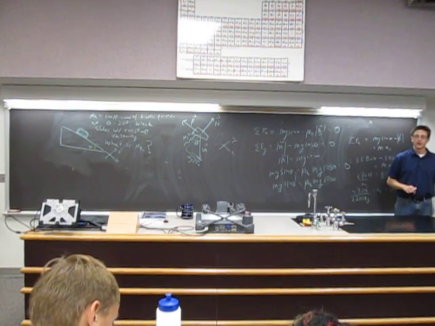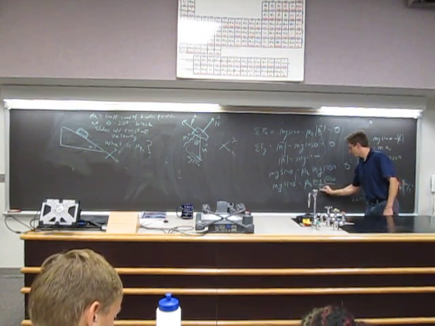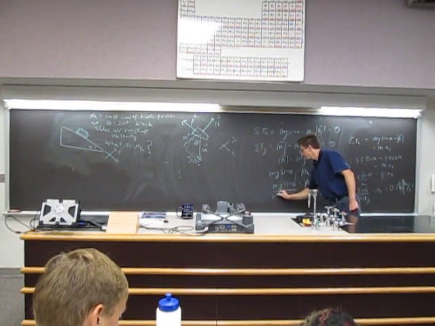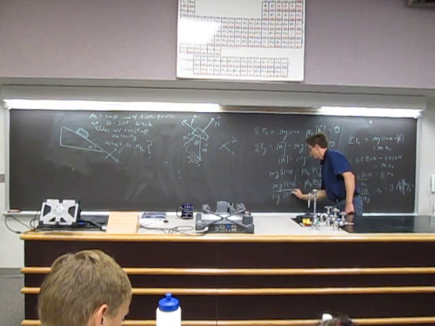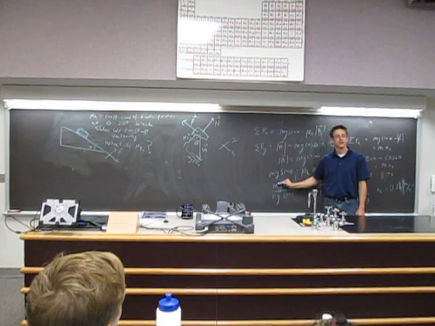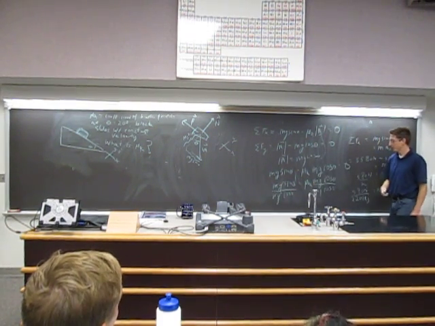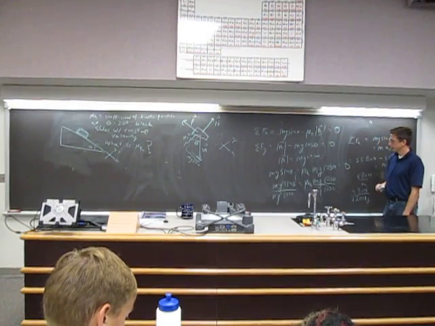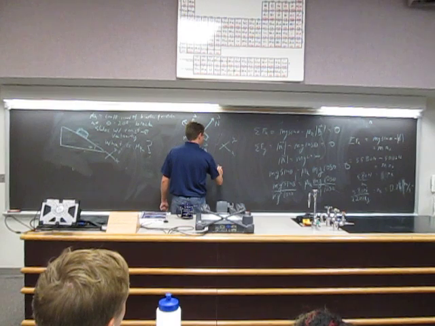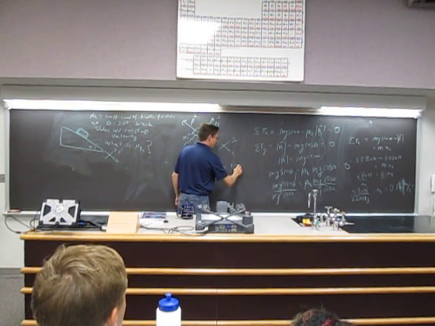And then divide by mg cosine theta. The mg's cancel out. So I get mu_k is sine of theta over cosine theta.